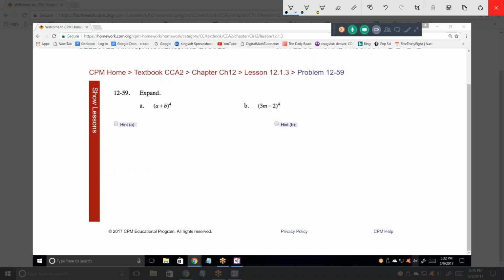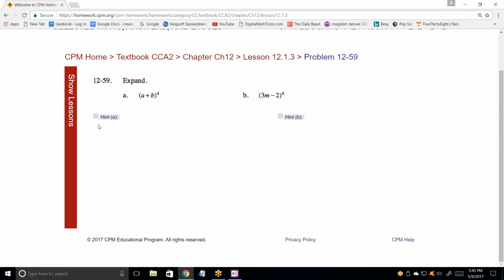What happens if I hit hint? Do they give me a hint? Yeah. But not really, huh? I gotta go back. Alright. I was just curious whether they pointed out the binomial expansion theorem. It's hard for me to believe that they're asking you these two questions without thinking that you're going to solve them by using the binomial expansion.